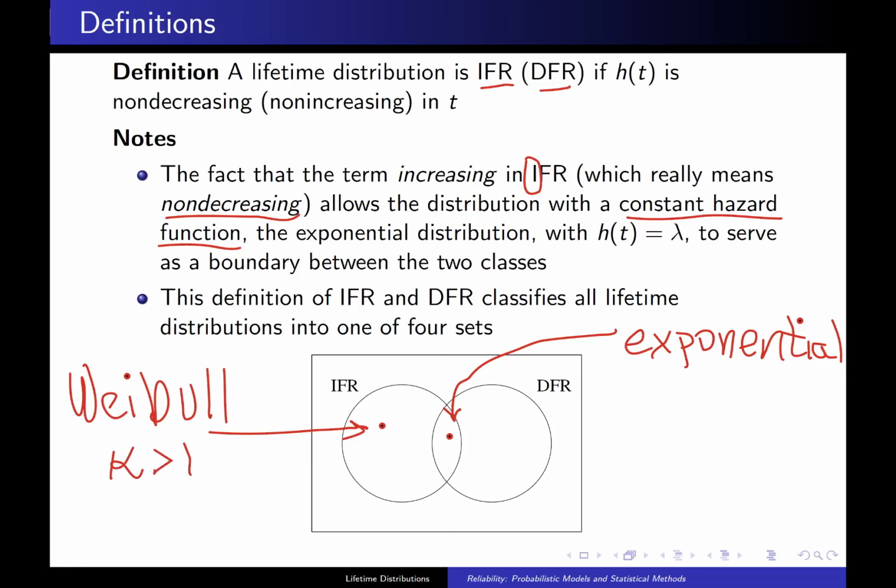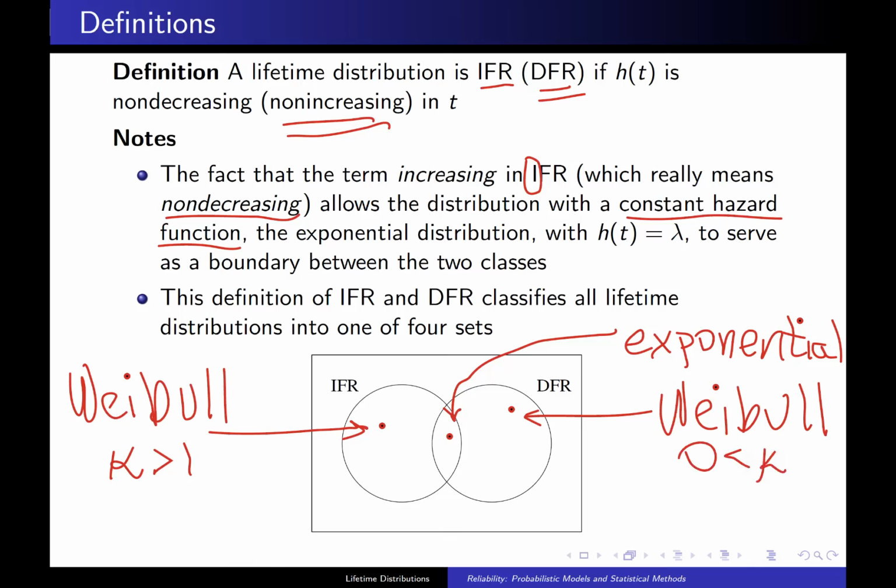Over here, if you want an example of a distribution which is in the DFR class, and the DFR class says that h of t is non-increasing in t, an example is again the Weibull distribution, but this time with a kappa value that falls between 0 and 1. And kappa is the shape parameter.